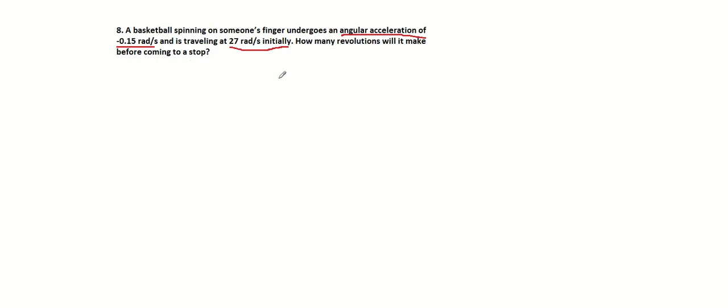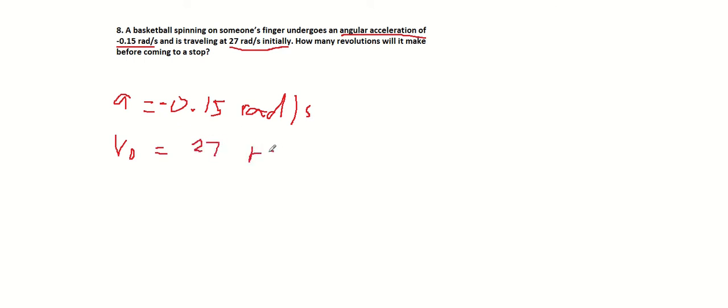So, ngayon, ano ba yung mga pwede nating i-label dito? So, una, meron tayong acceleration, which is negative 0.15 radian per second. And meron tayong initial velocity, v sub o, which is 27 radian per second.